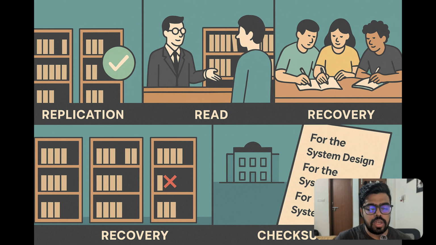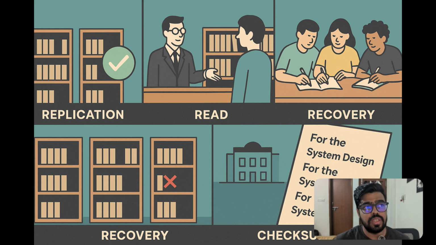Okay, to recap this part, we covered replication that ensures multiple copies across servers, the read path that helps the client directly fetch from any of the chunk servers, the write path and atomic appends that guarantee consistent updates.